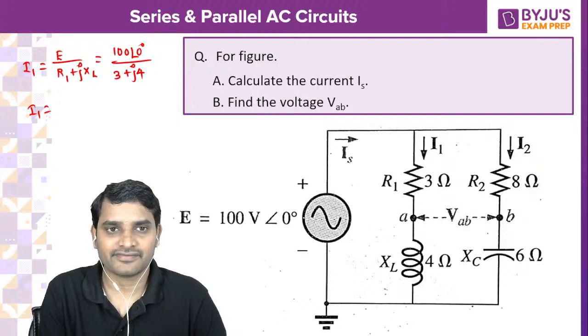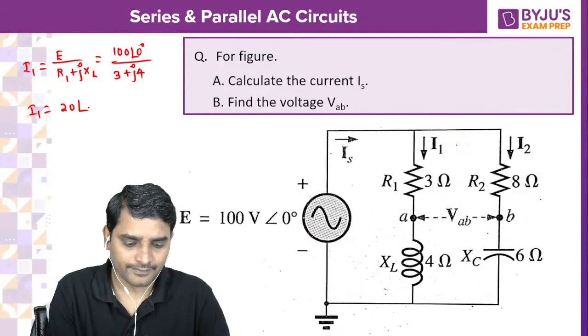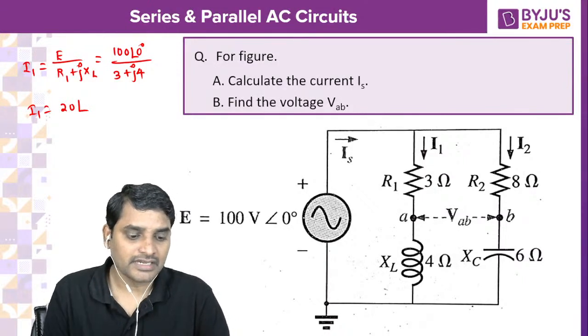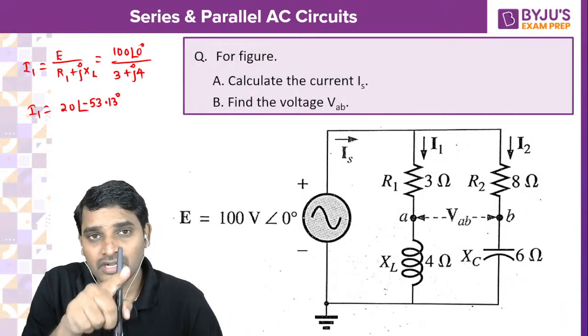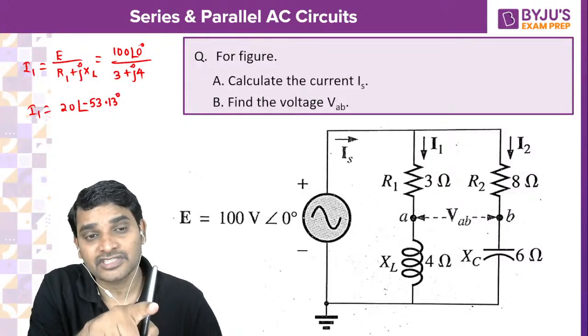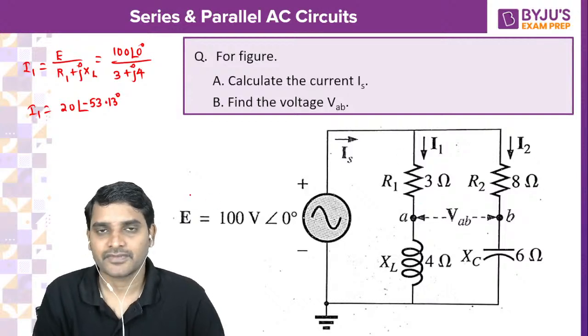Root 25 will be 5, and 100 divided by 5 is 20. Tan inverse of 4 by 3 comes out as around 53.13. So minus 53.13: the current lags the supply voltage by 53.13 degrees, because it is an inductive nature. So that is I1.